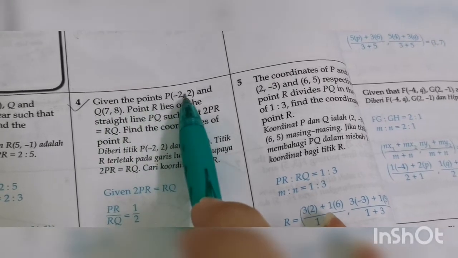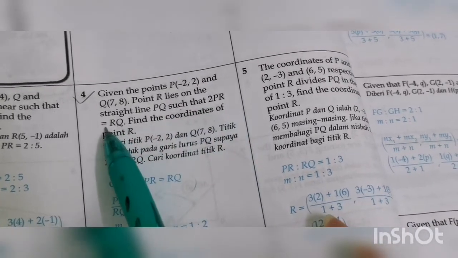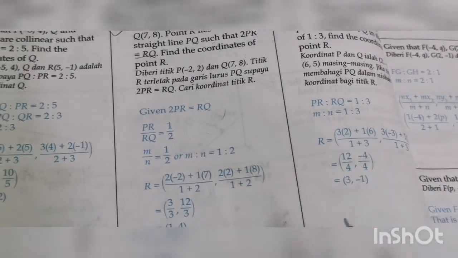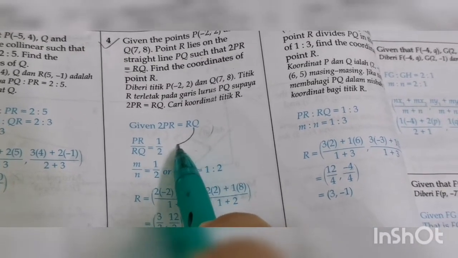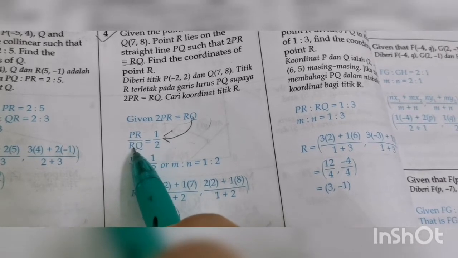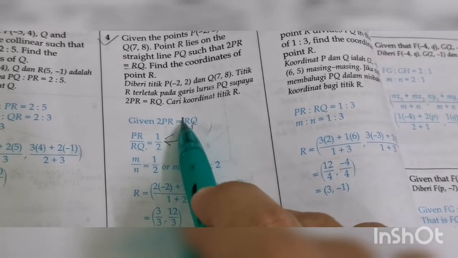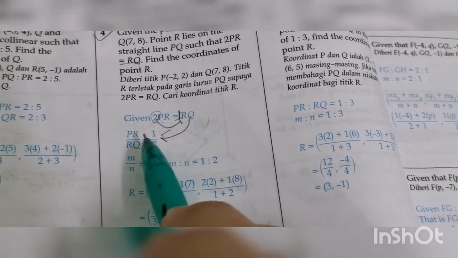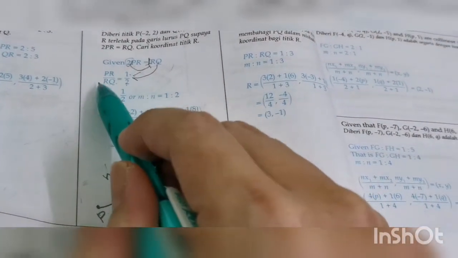For example, given the points P and Q like this, and R lying on the straight line PQ such that 2PR equals RQ, find the coordinate of R. Before you draw the line, you need to settle this first. 2PR equals RQ, so you need to change it to PR divided by RQ. Then 2 you move down, so it becomes 1 over 2.